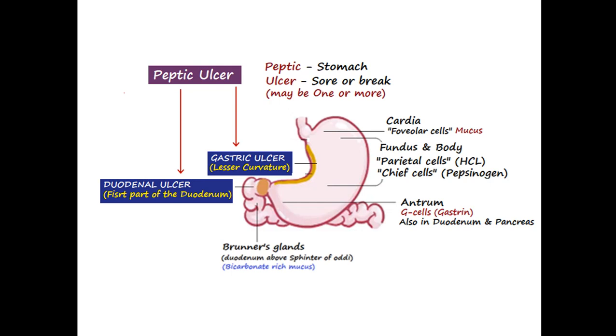Now, the stomach mucosa contains different cells in different parts of the stomach. For example, the region of the cardia contains mostly foveolar cells, which secrete mucus, giving protection to the stomach against the hydrochloric acid, which is produced by the parietal cells located in the fundus and body of the stomach.